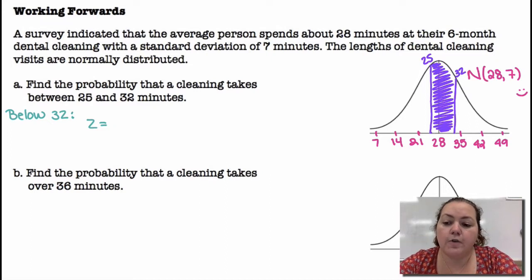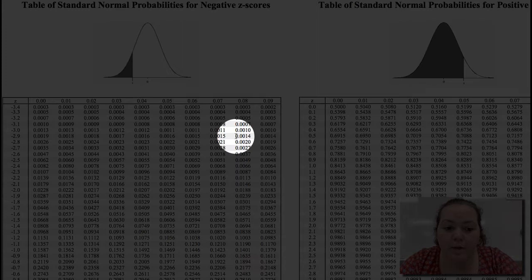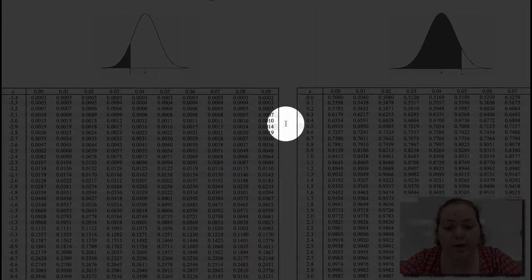So for 32 and below, that z-score would be 32 minus 28 divided by 7. So my x value is 32 minus my mean of 28 divided by my standard deviation of 7. That works out to be 0.57. All right, now I'm going to look at my table for a z-score of 0.57.